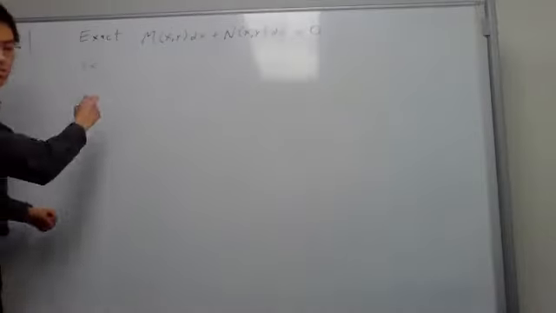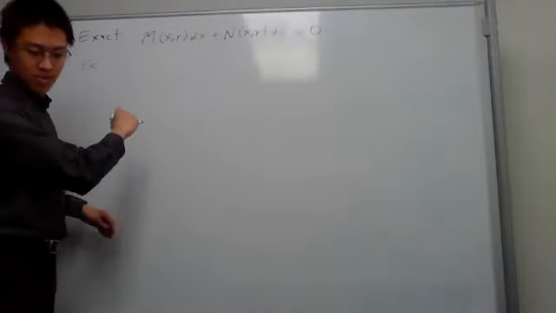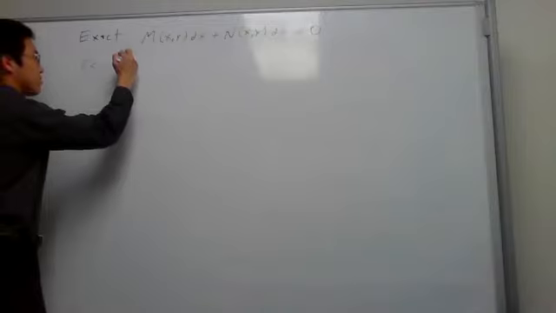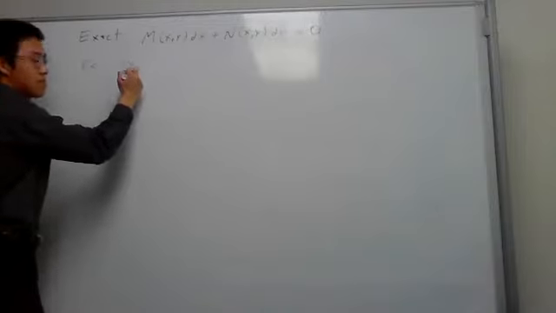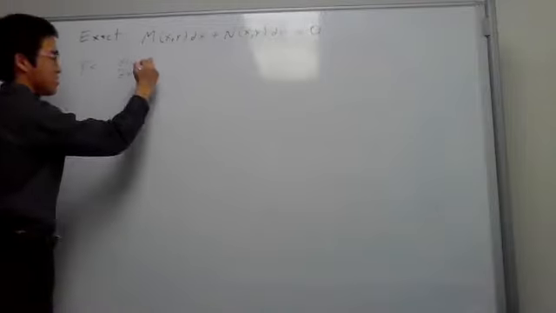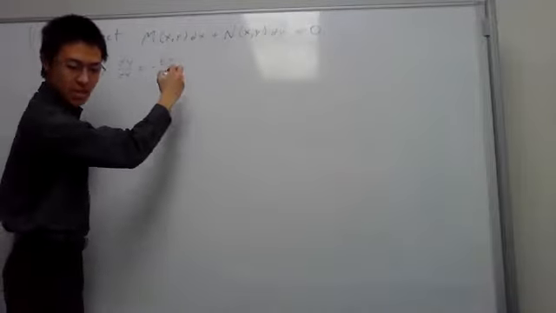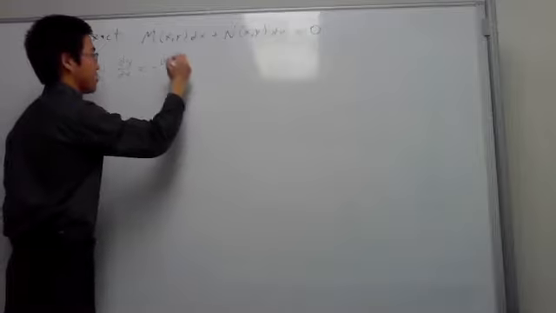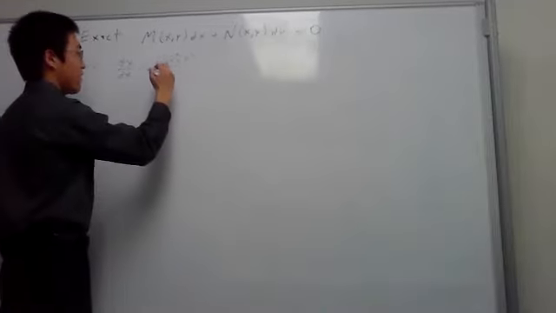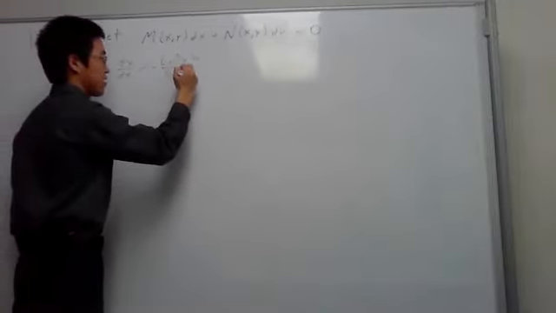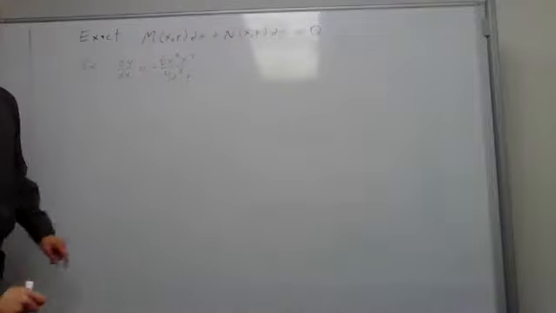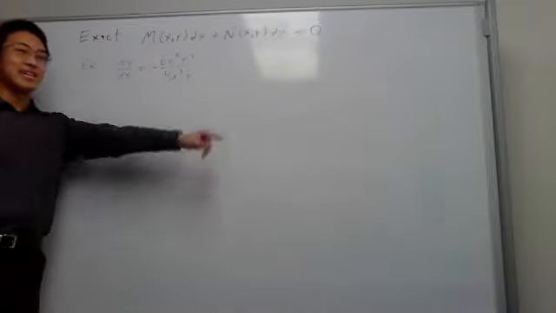So let's see. dy/dx is equal to minus 6x squared y squared divided by 4x cubed y. Now you might be like, hey, wait a second, I thought we were doing exact equations.